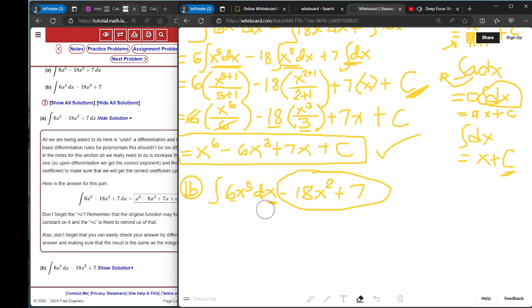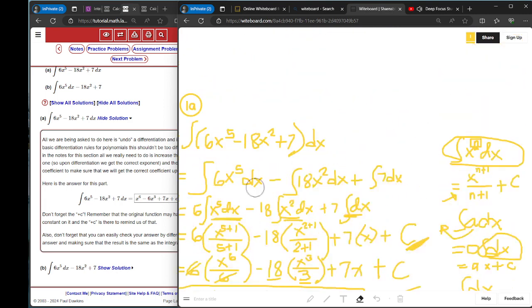Unlike the given problem earlier, where we needed to integrate all three since the dx is at the last portion. Commonly, if the integral sign is written at the beginning and the derivative sign is written at the end, that would mean all of those in between should be integrated.